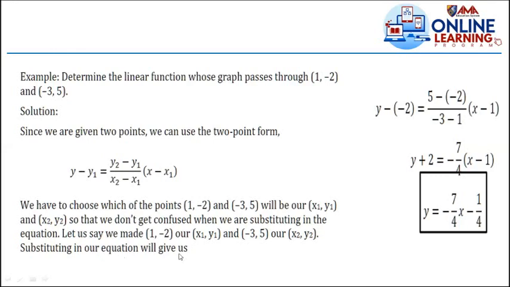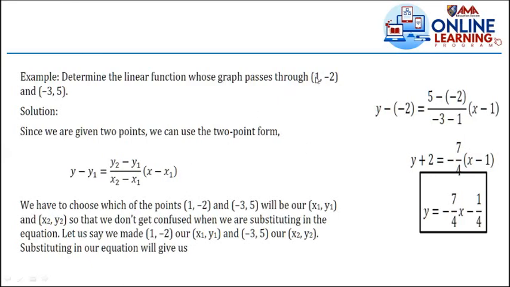Substituting in our equation will give us y minus y1 equals y2, that is your 5, minus y1, which is -2, divided by x2, which is -3, minus x1, which is 1, multiplied by x minus 1.